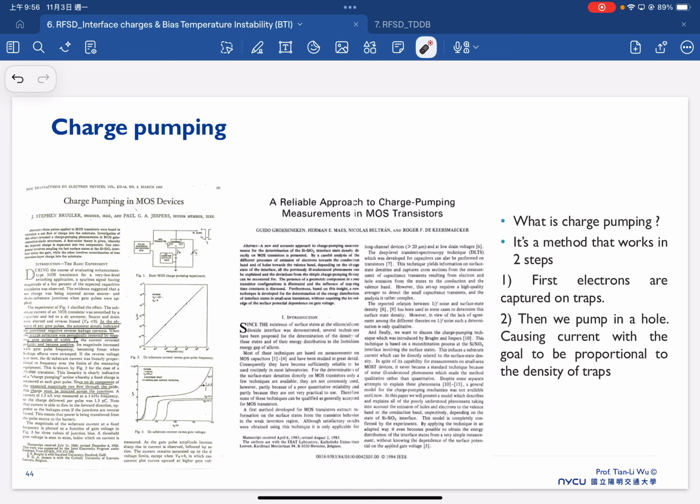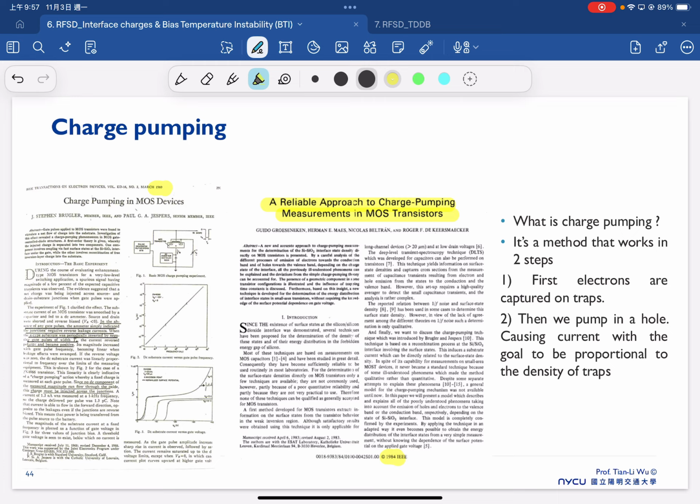You can see the first paper that talked about charge pumping, which comes from the literature in 1969. That's the first paper to discover the effect of charge pumping in the MOS device. And later in 1984, the first author, the previous professor at KU Leuven, Professor Groeseneken, started to find a very reliable approach for charge pumping measurements in the MOS transistor.